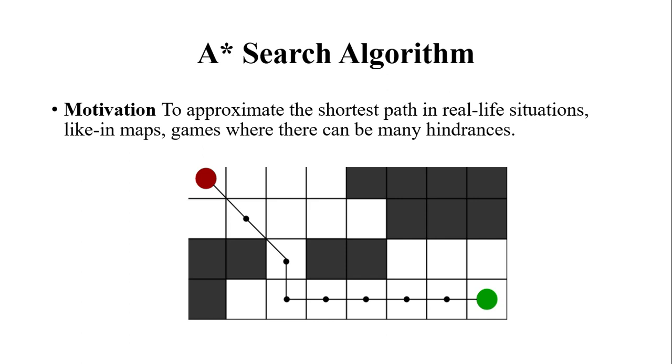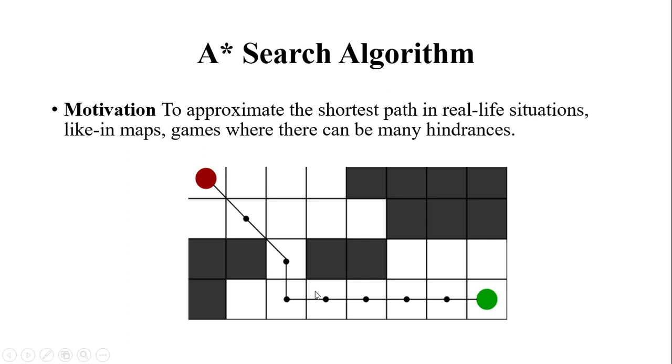In front of you I am giving one diagram, that is a 2D diagram. We can consider a 2D grid having several obstacles, and we start from a source cell.